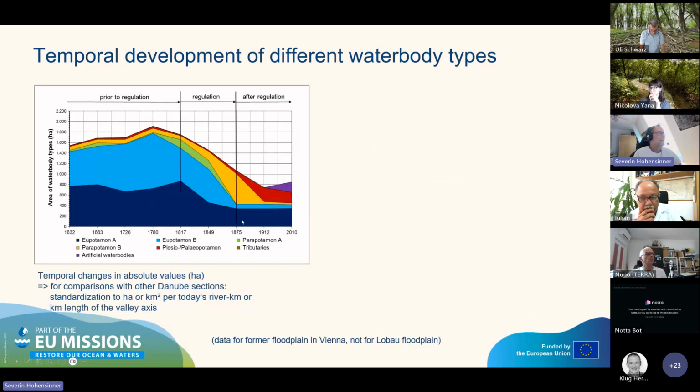And of course, what we usually do, for each time situation, you see on the x-axis, here this is for the floodplain in Vienna, not for the Lobau.